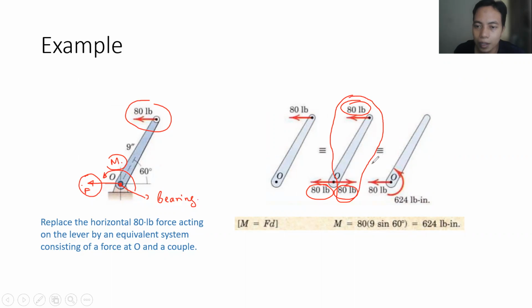So then it is simplified with this rotational moment. Now, in the same structure, we only have a moment couple and a single force at point O. Now we are able to move the external force from the top end to point O and add the moment couple there.